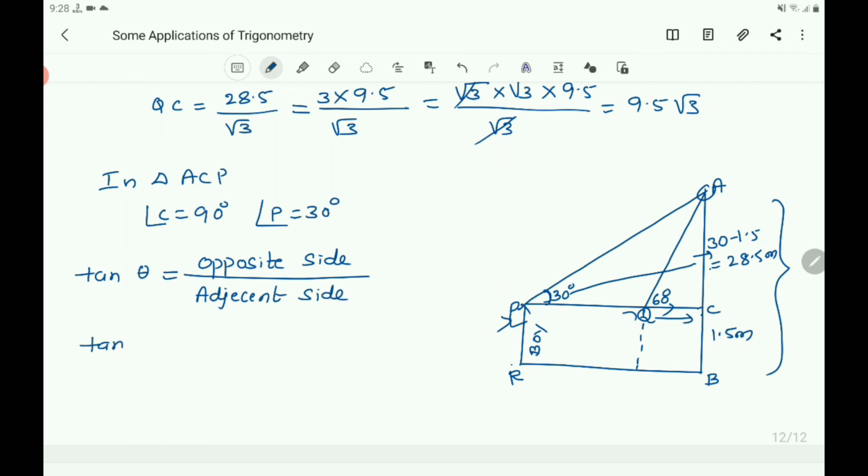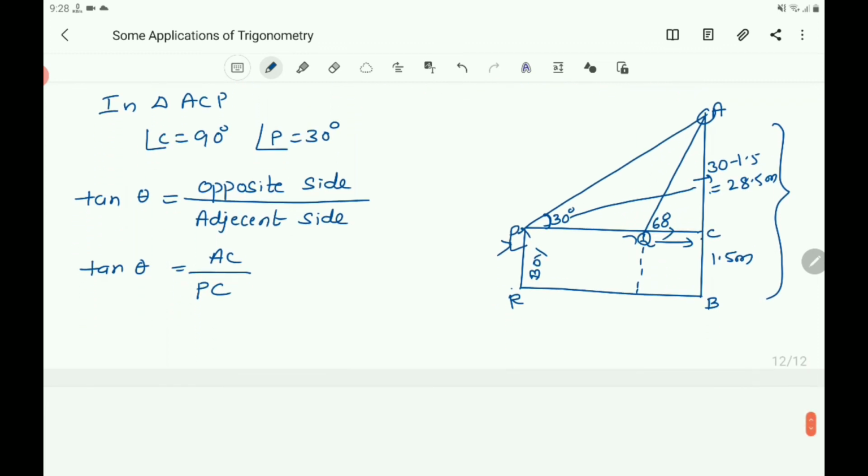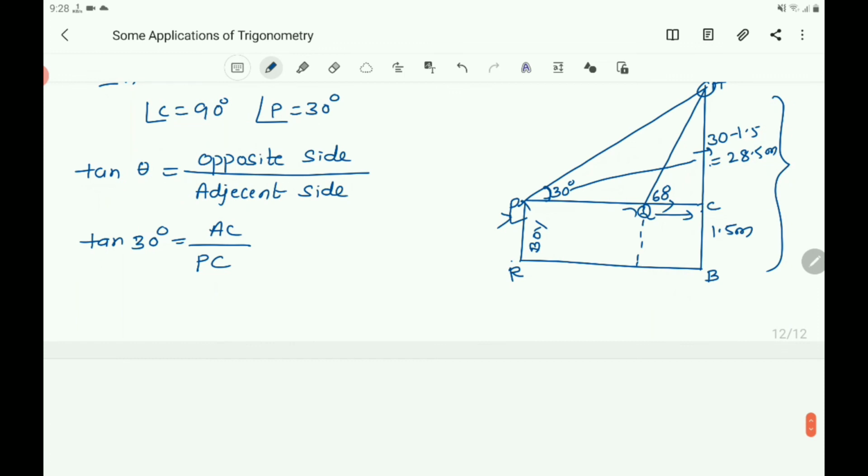Then tan theta equals opposite side AC, adjacent side PC. Then you write tan 30 degree. What is the value of tan 30? Tan 30 is 1 by root 3. AC is 28.5 by PC.